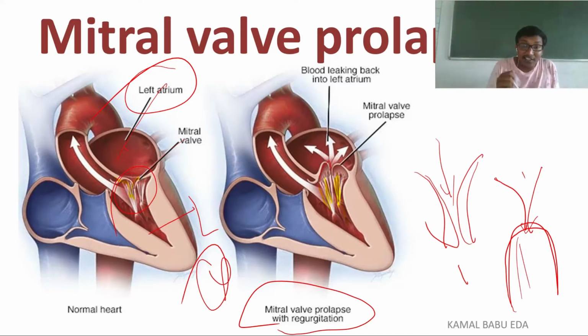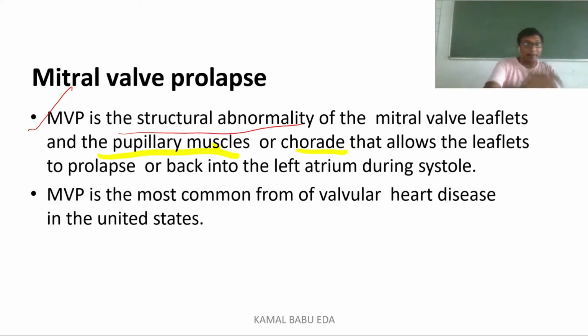But due to a structural abnormality, either in the leaflets or in the chordae tendineae, instead of holding them in position, the leaflet goes into the left atrium, which is called mitral valve prolapse. It is the most common form of valvular heart disease in the United States.